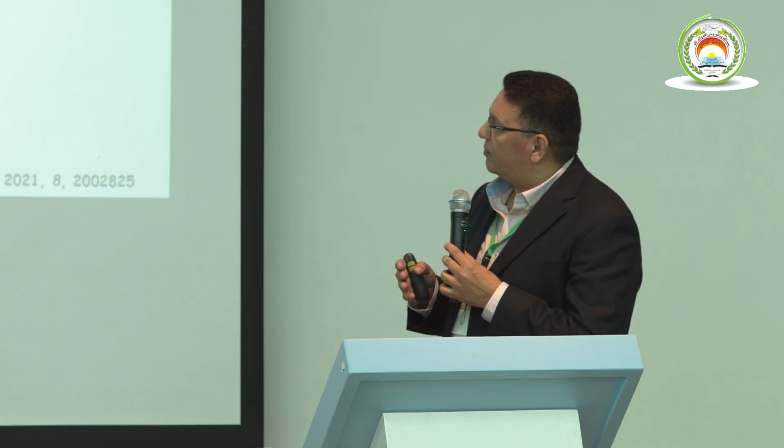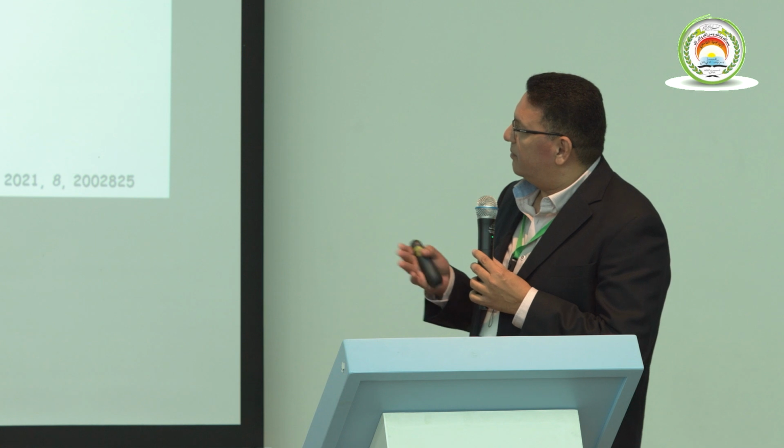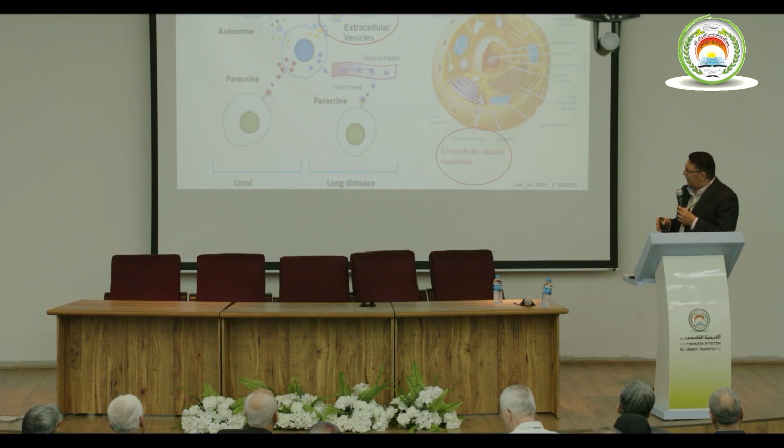There's lots of material, lipids, proteins, messenger RNA, and they have their effect on the recipient cells. In my talk, I will be talking about extracellular vesicles, or what's called in the literature exosomes.